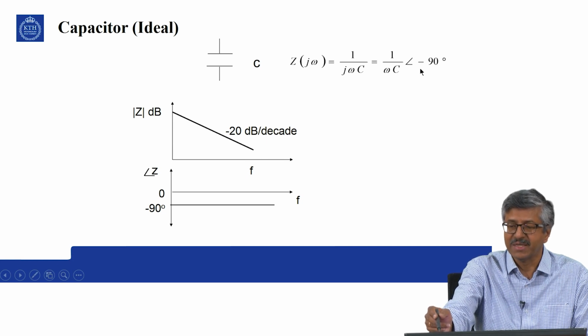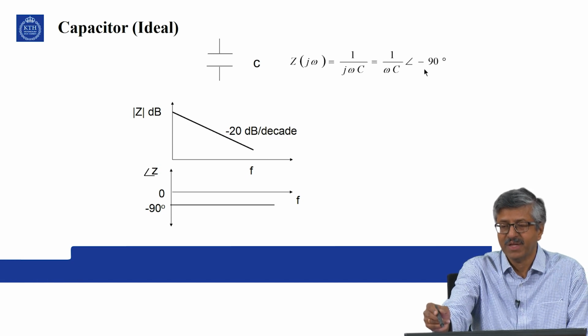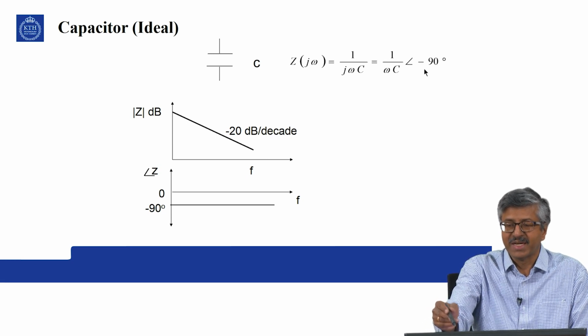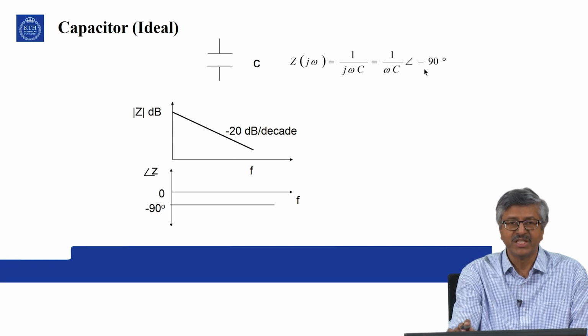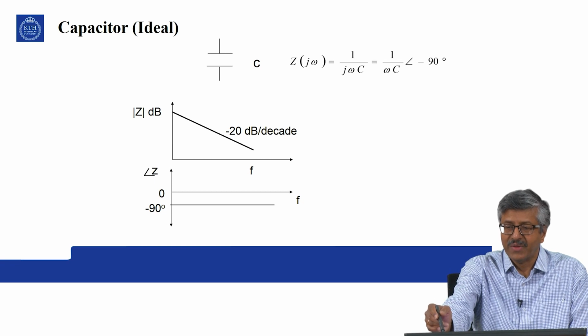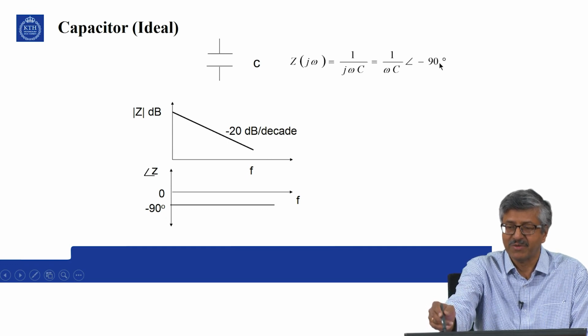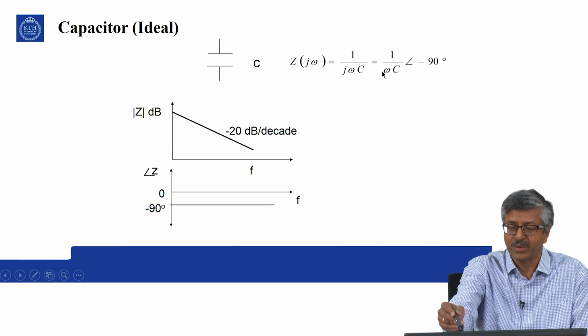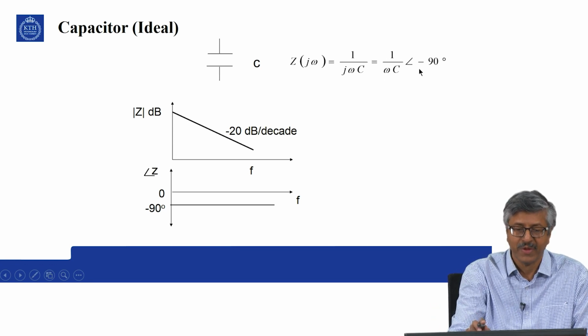It means that the impedance is voltage divided by current. So, voltage and current are 90 degrees phase shifted, and the current is leading the voltage by 90 degrees. That is why you have this minus sign, or 1 by j, from that also you get a minus sign. You can look at it in that way also.